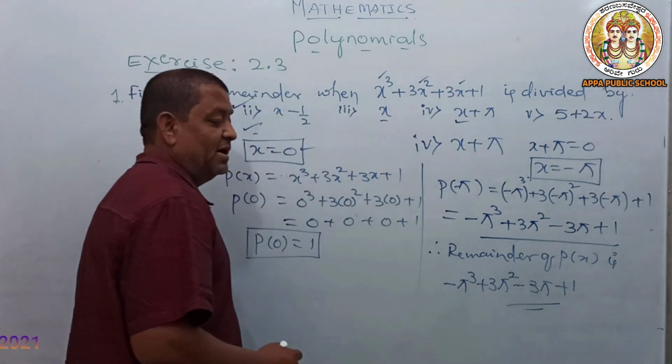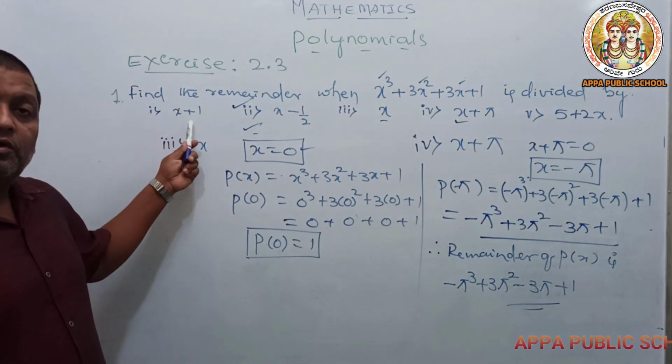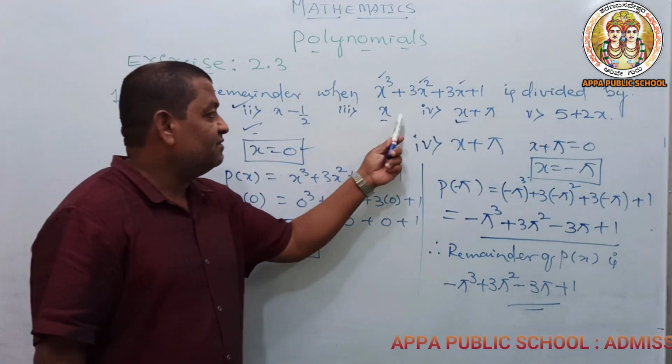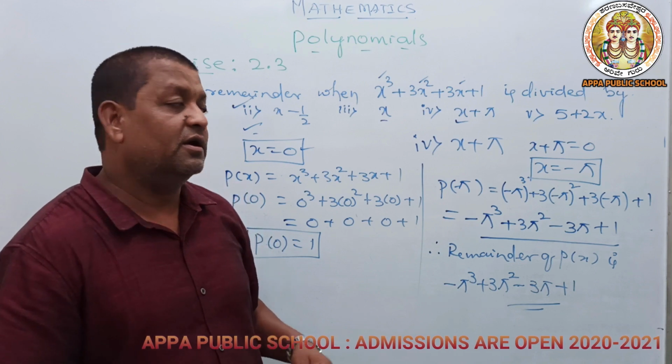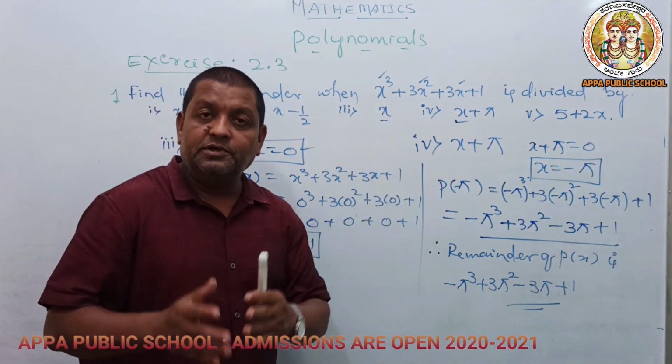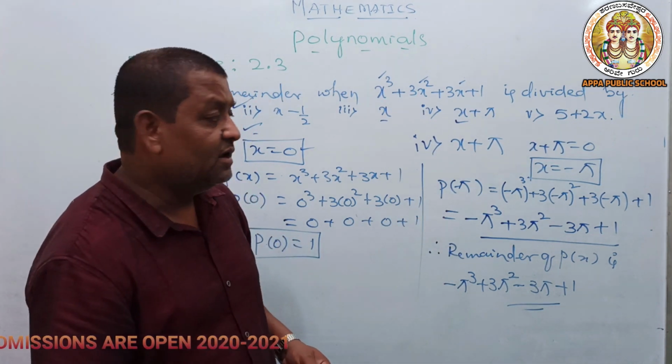See, we found the remainder for this also, this also, this also by using the remainder theorem. So what we observed here, without any long division process, we can find the remainder by using the remainder theorem.